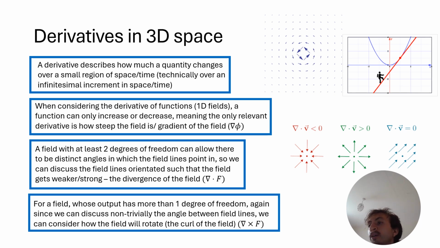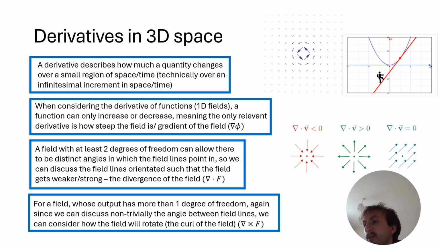Now, the two types of derivatives we'll need for Maxwell's equations are the curl and the divergence. We'll need the curl because the curl will actually tell us about the dynamics of electromagnetic waves. When we're talking about dynamics, we're talking about how fields change, so the time derivatives.